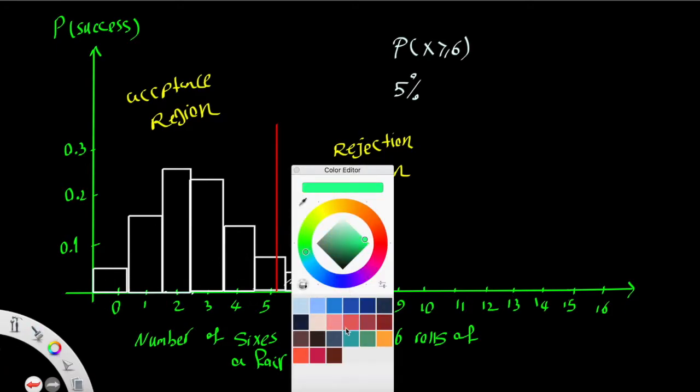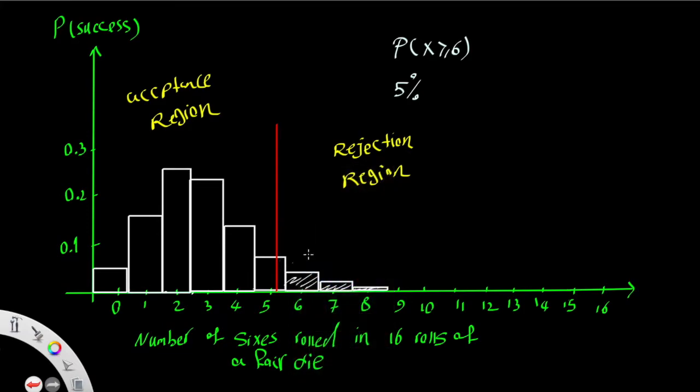If you remember, the region with a probability of x greater or equal to 5 started from here. So some portions were situated after the red line and some portions were actually before the red line. But here the probability of x greater or equal to 6 is completely included after the red line.